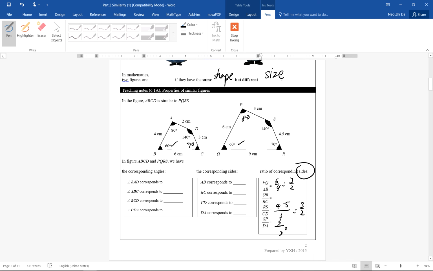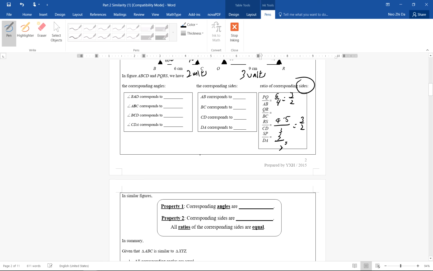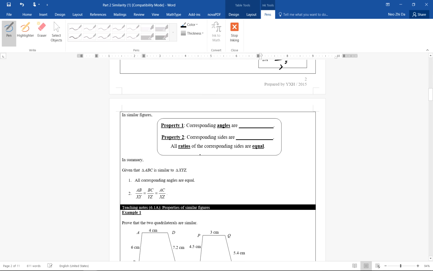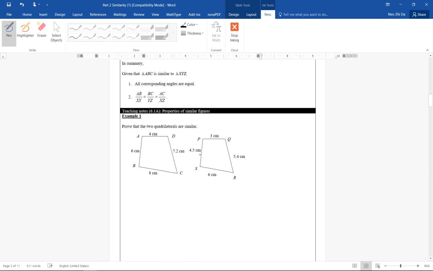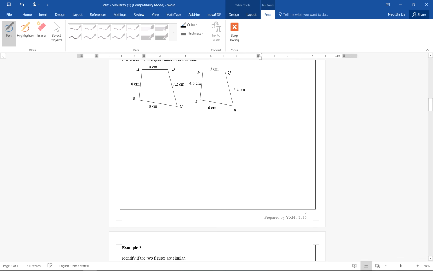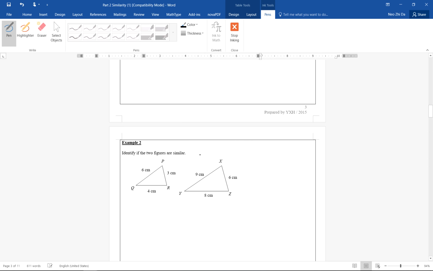What they're trying to say is that if the larger figure is 3 units, the corresponding side of this one will be 2 units. If this is 3 units, this one must be 2 units. Can? Now with this understanding, we will skip these two parts.